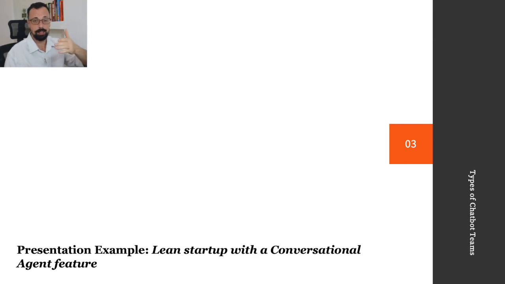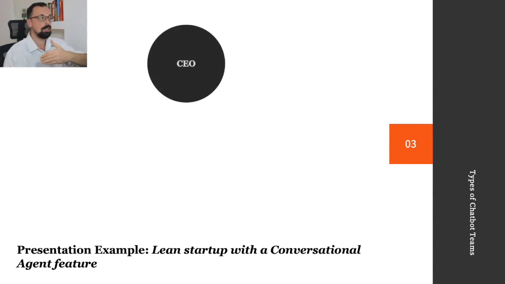For this presentation example, let's focus on a lean startup, so a small size startup with a conversational agent feature. So that chatbot will be the primary focus of that company. So we have a CEO, they're in charge of the company.